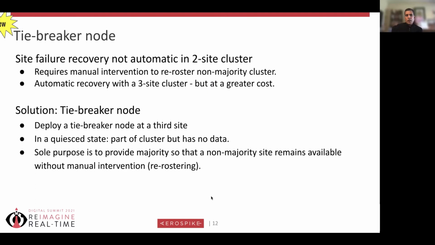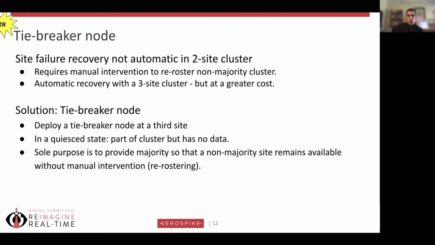So at this point, let's look at the new feature that was introduced, which is called a tiebreaker node. The problem is, as I alluded to earlier, site failure recovery in a two-site cluster is not automatic.